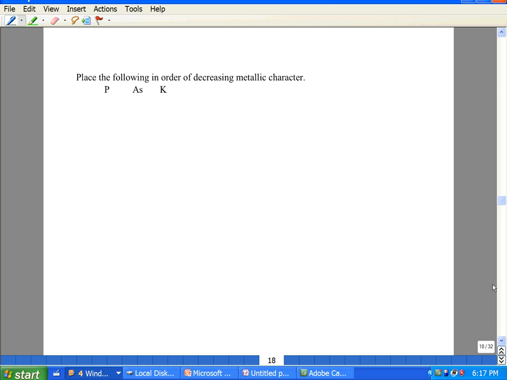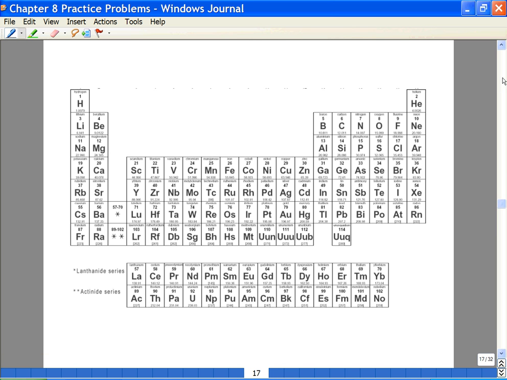This one asks us to place the following in order of decreasing metallic character. So once again, we have a trend that we can identify based on our definition from class that metallic character increases in that direction.